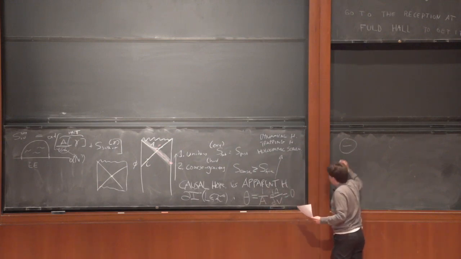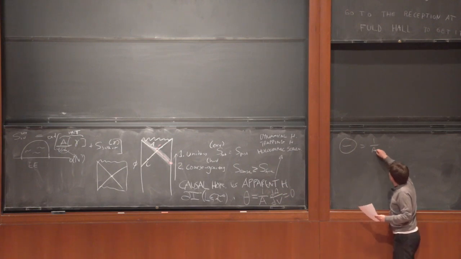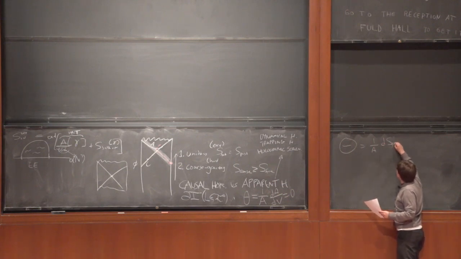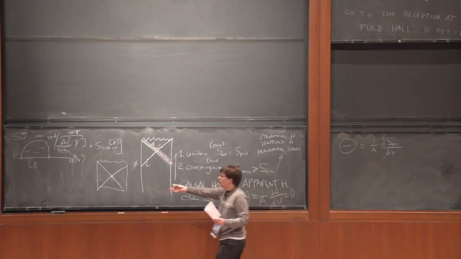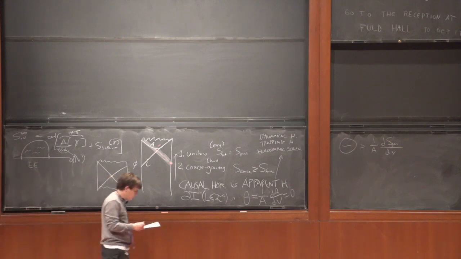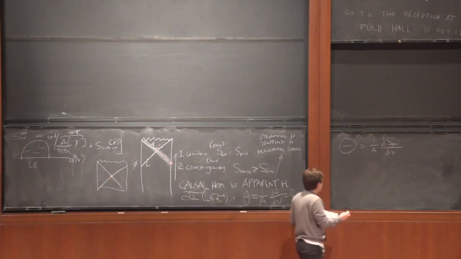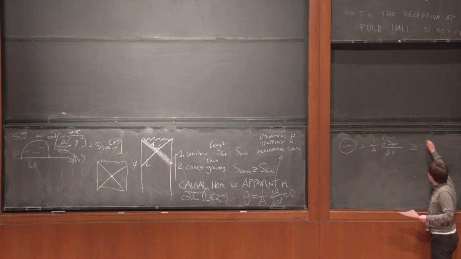If we define what's called the generalized second law for the causal horizon, which I basically proved in my dissertation research, we can define a capital theta as the rate of change per area of this generalized entropy. So it includes the change of the outside matter field. For example, if Hawking radiation leaves the black hole, we need to account for that, and it's okay for the area of the horizon to shrink. So this thing is greater than or equal to 0 for the causal horizon.